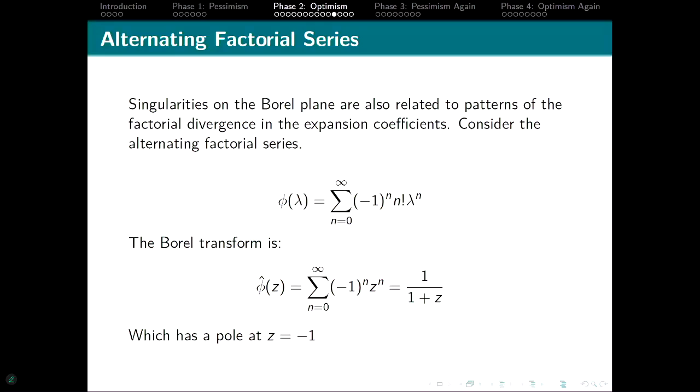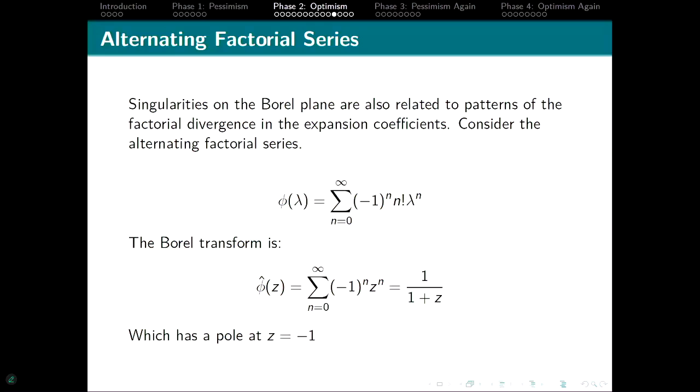So if we have an alternating factorial divergent series, so this is with a -1 to the n, and we try and take its Borel transform, you're dividing by a factor of n factorial, so you end up with a geometric series, which you can assign a convergent sum to, and you get your Borel transform having this form.